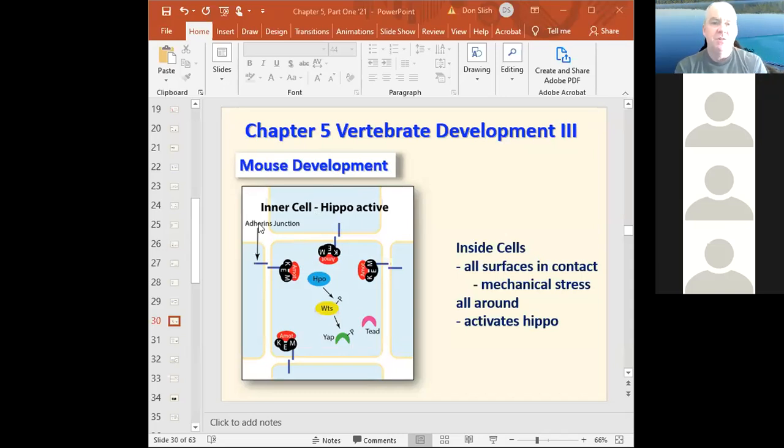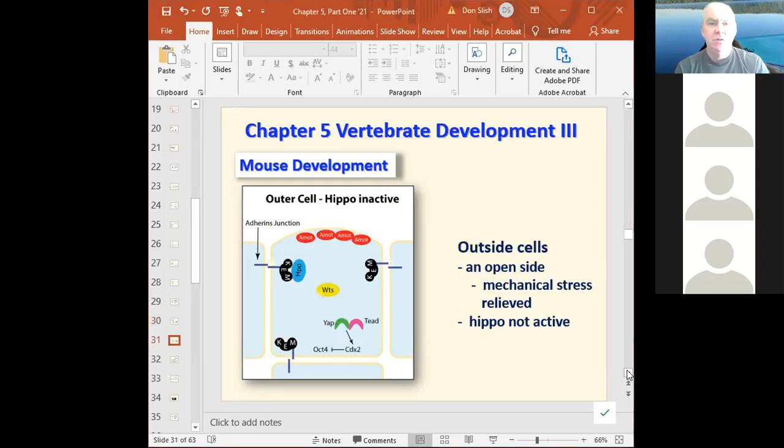So in the absence of an open or a free side, when you're touching all over, you activate Hippo and you break down YAP. When you do have a free side open, that causes this AMOT to come off of this KIBRA complex, and Hippo goes onto it. So then Hippo is inactive, which means WTS is inactive.